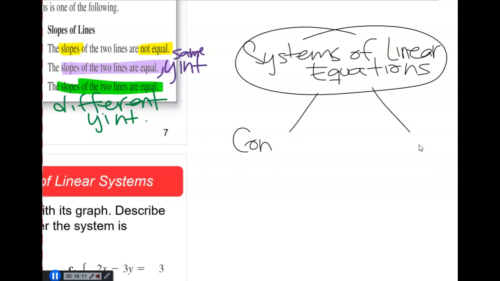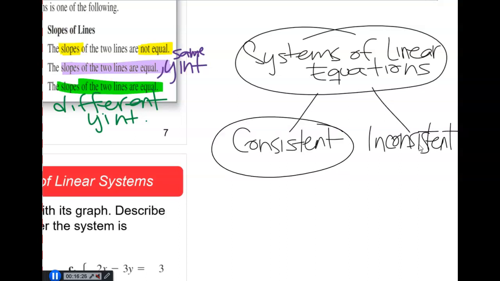One will be consistent and the other one will be inconsistent. Consistent means that it has a solution or solutions, and inconsistent means that it has no solution.